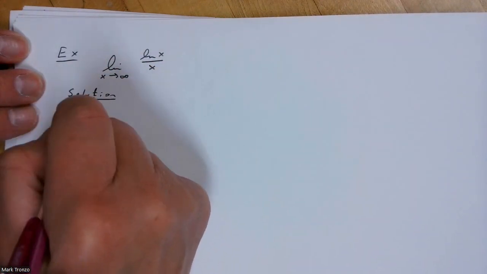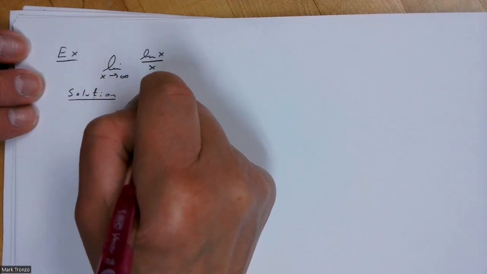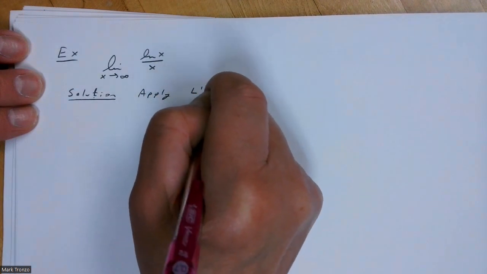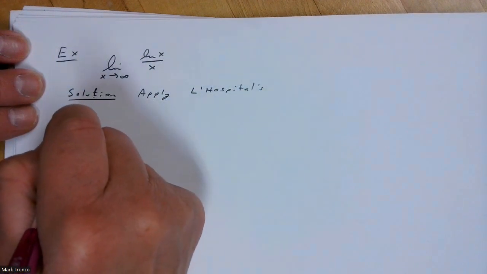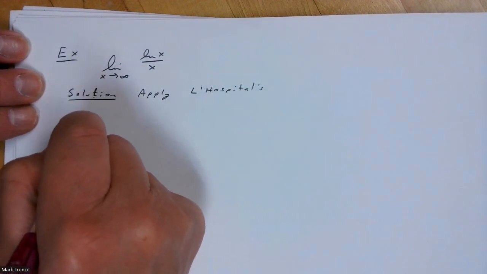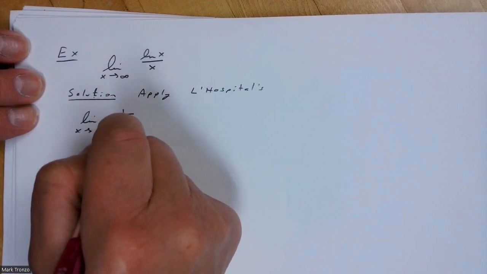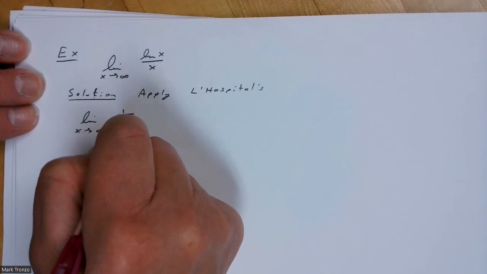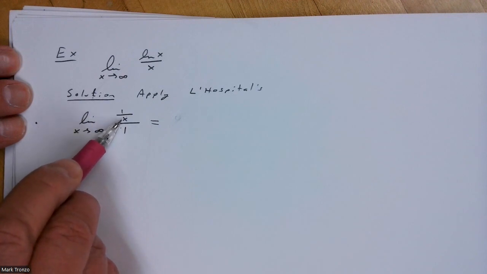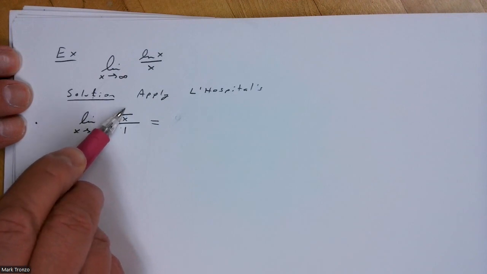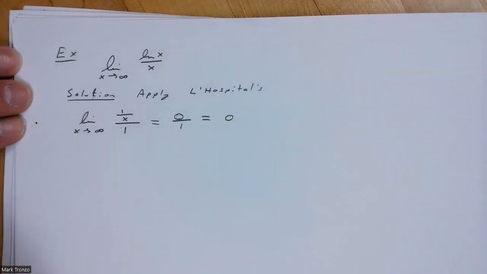And so we can apply L'Hopital's rule. And that's going to give us the limit as x approaches infinity of 1 over x divided by 1. Here in the numerator, the denominator goes to infinity, so this whole fraction will go to 0. So we have 0 over 1, which is 0.